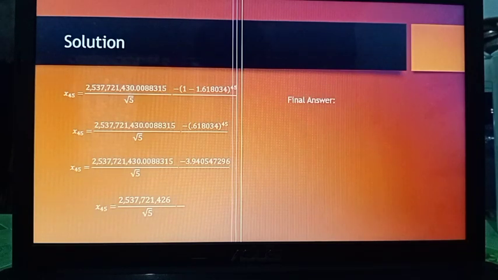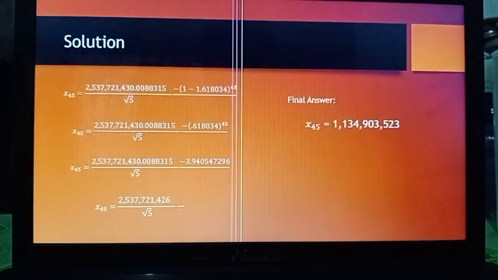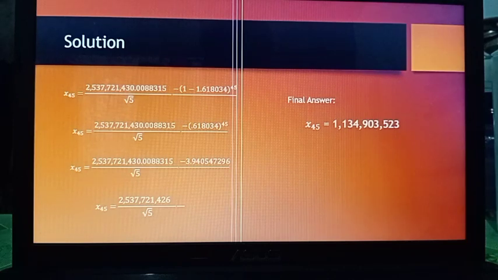So here is the final answer: the 45th term of the Fibonacci sequence is 1,134,903,523. So that's how you get the Fibonacci sequence using the golden ratio.